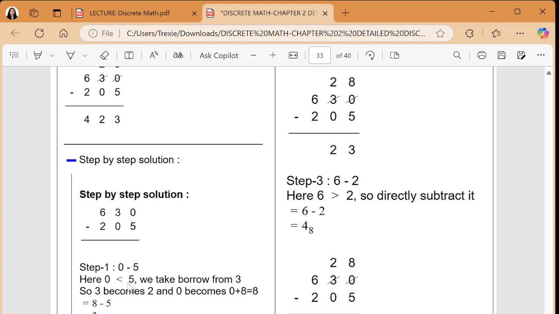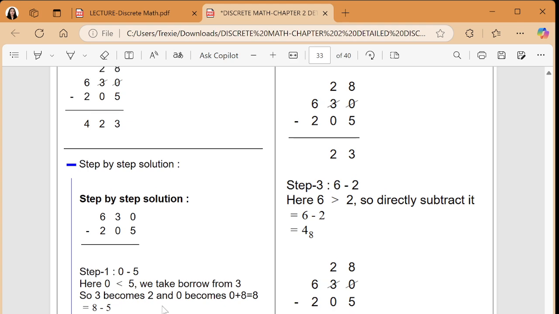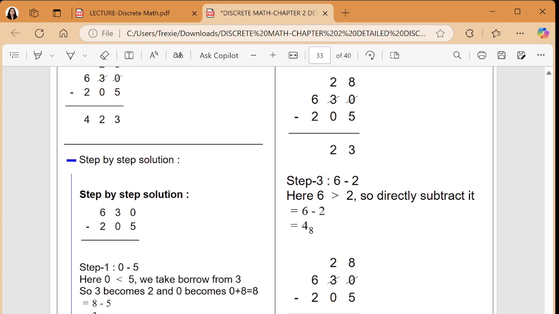As we know, 0 is less than 5, so we borrow from 3. This 3 will become 2 and this 0 will become 8 since we borrowed from the 3. So 0 plus 8 is equal to 8. Now this is 8. Then 8 minus 5, the answer would be 3.